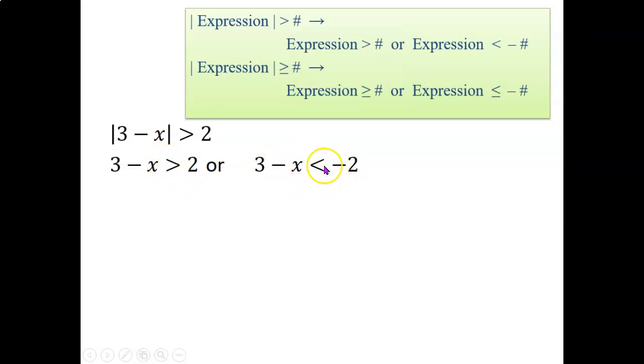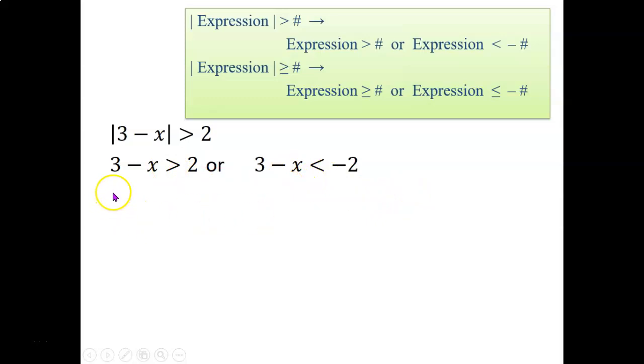Notice that these are pointing opposite directions. Very important. You can be greater than 2, or you can be less than negative 2. So one of these looks exactly like what we started with, but without the absolute value bars. The other has the same expression, it has the negative of the number, and the inequality is pointing the other way. We're either greater than 2 or we are less than negative 2.